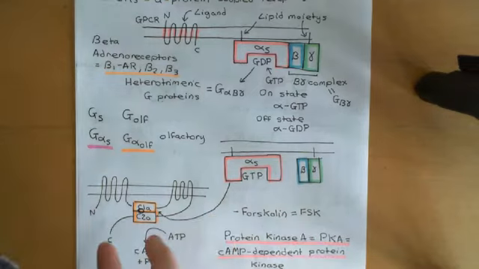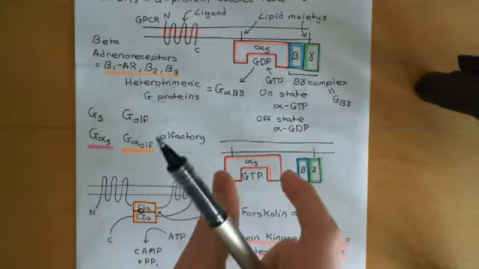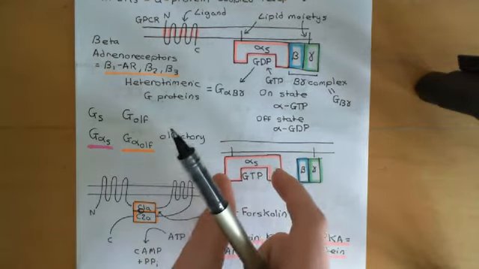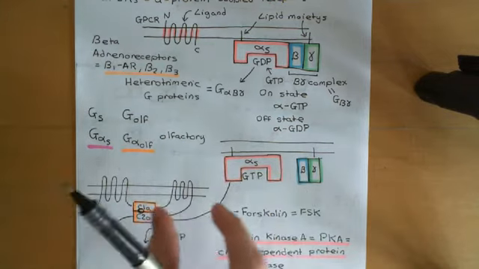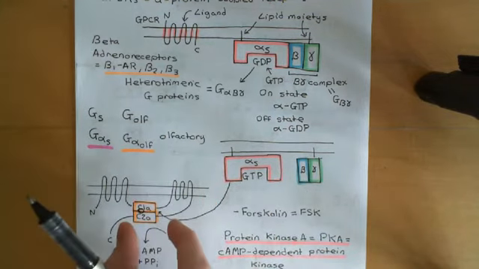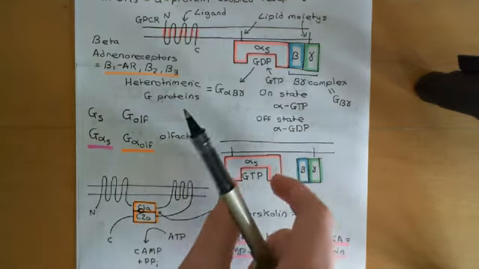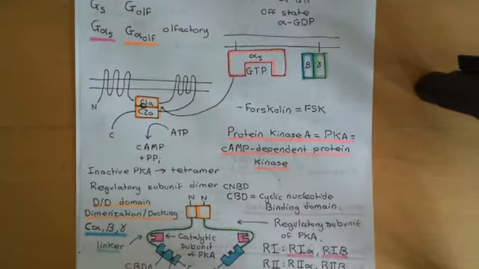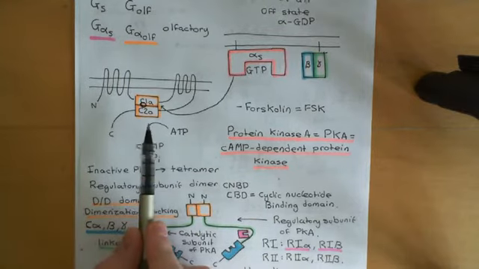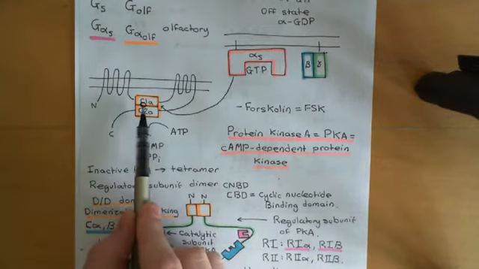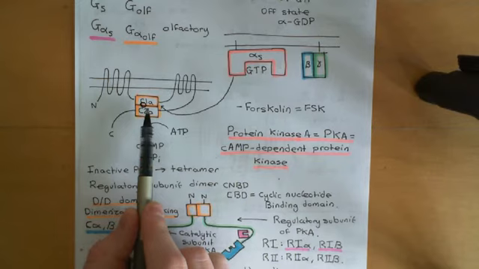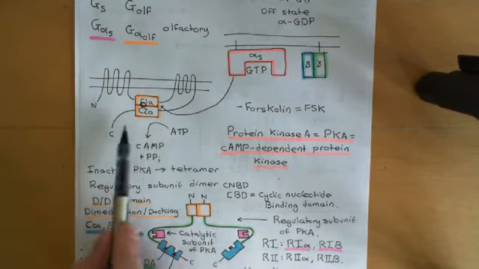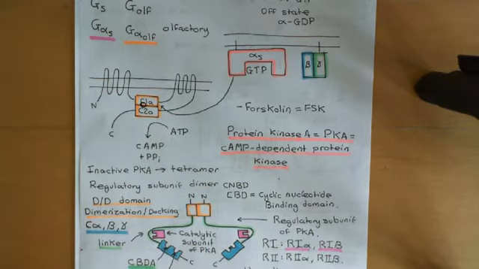Then the next step doesn't contain amplification because it's one alpha S GTP subunit to one adenylyl cyclase. So this can only activate one adenylyl cyclase. It can't activate multiple adenylyl cyclases. So there's not an amplification step there, but there is an amplification step now because one adenylyl cyclase enzyme that's been activated can produce absolutely loads of cyclic AMP.